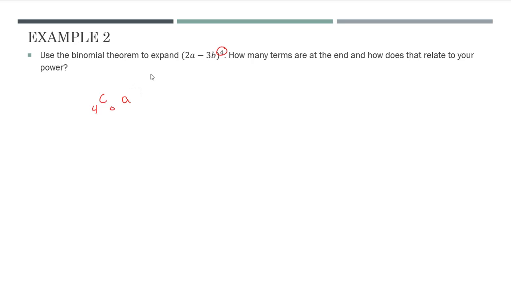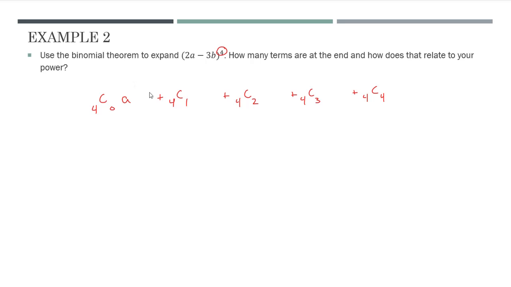And then for my next one, it's going to be 4 choose 1. And then we're going to have 4 choose 2, 4 choose 3, and 4 choose 4. And once these are the same, you know you're done as far as the coefficients are concerned.